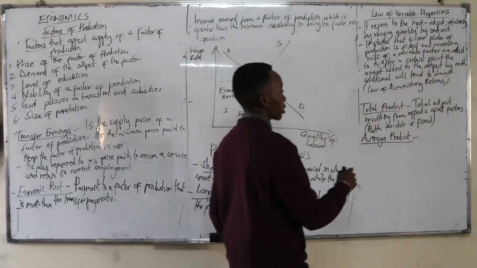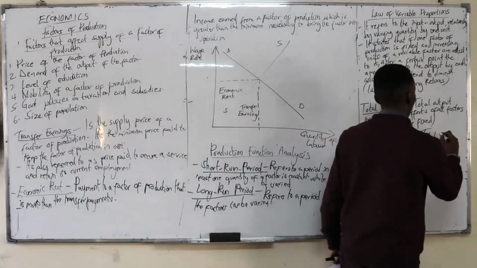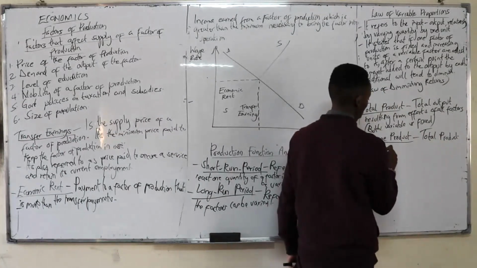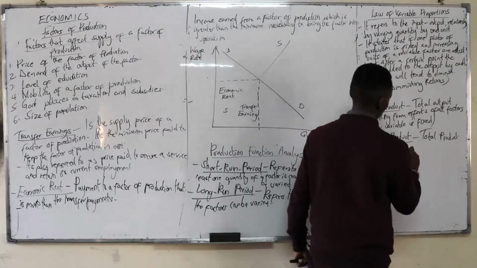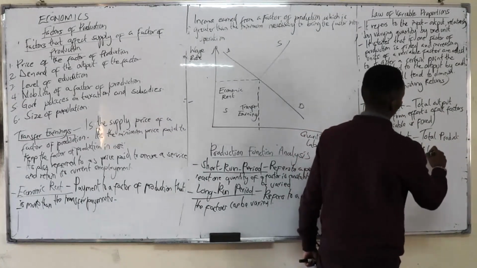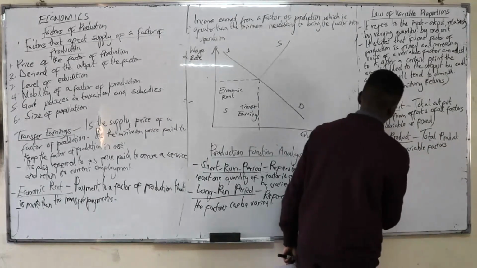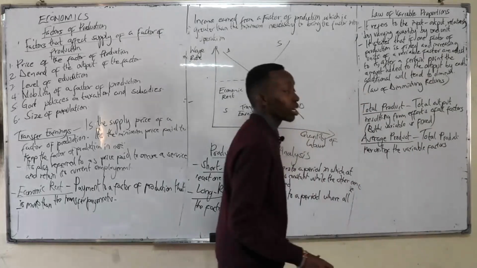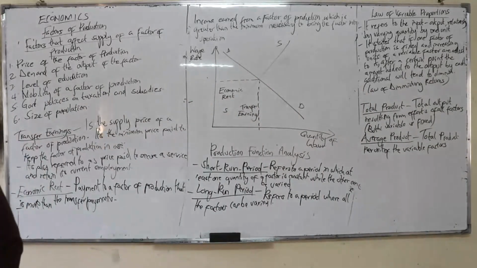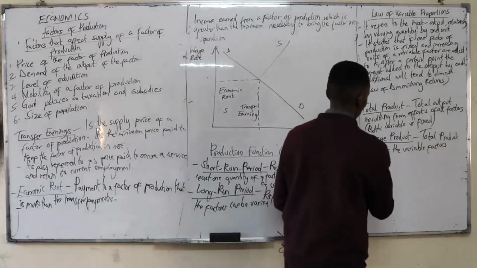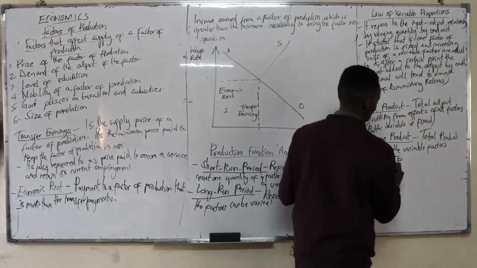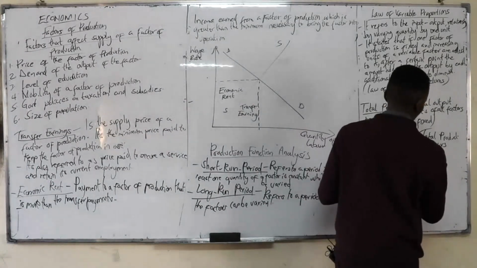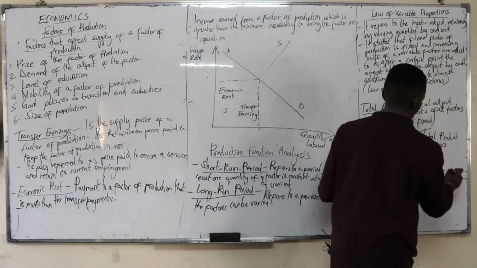Before we get to the marginal product, there's a formula we use to calculate the average product: you take the total product over the units of the variable factor, that is Q, of the variable factor being used.